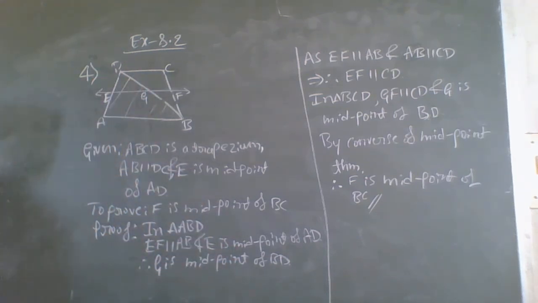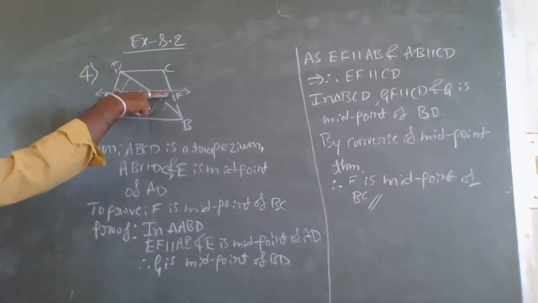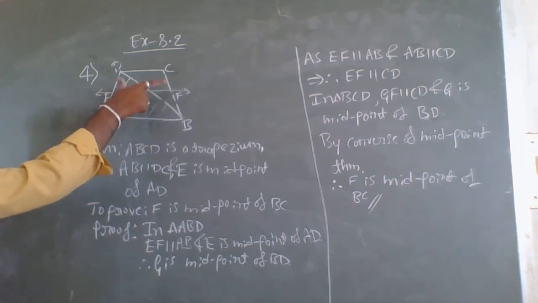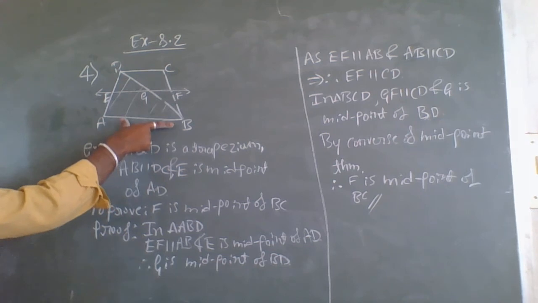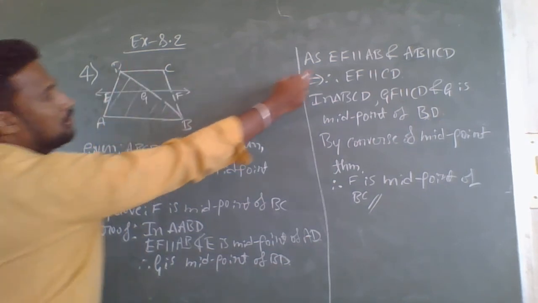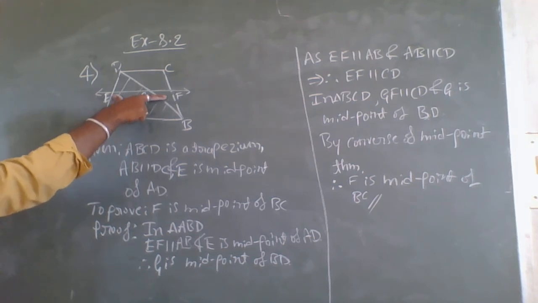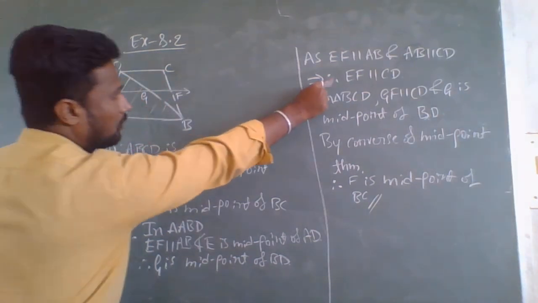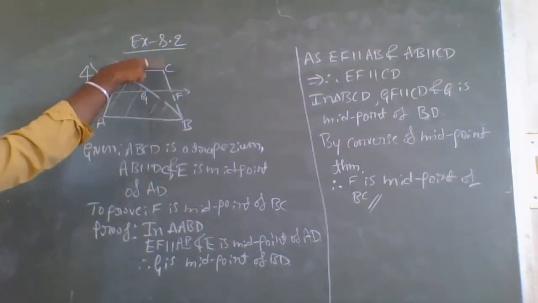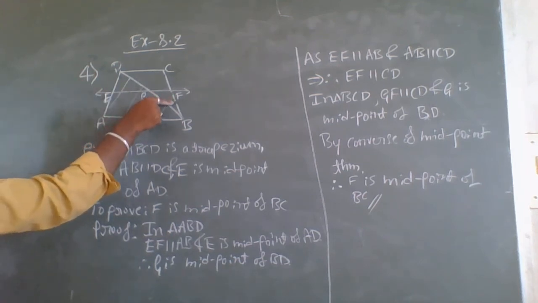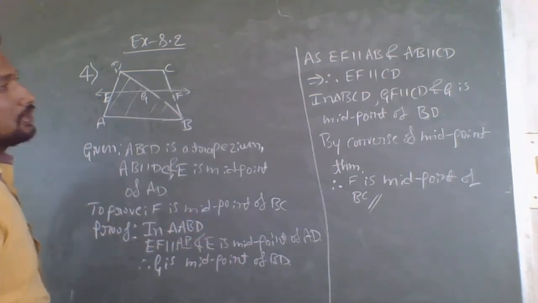We know that EF is parallel to AB. Why? EF is drawn parallel to AB, and they have given that AB is parallel to CD. So now we can say that EF is also parallel to CD, and GF is part of EF, so GF is parallel to CD.